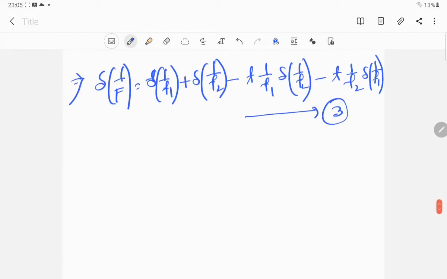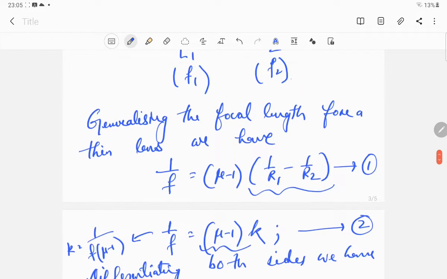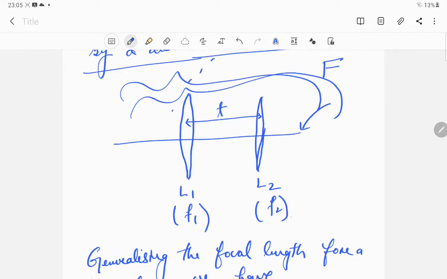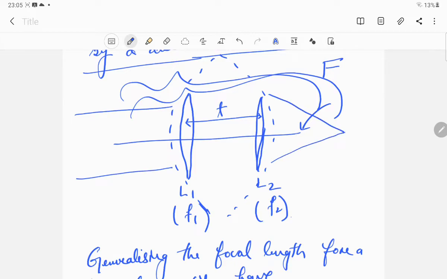But what I said is that we are trying to make this whole system achromatic. This whole system has a focal length F. If you consider the whole thing as an optical system, whenever a ray of light passes through it, after coming out, whatever the color, it should have the same focal length.